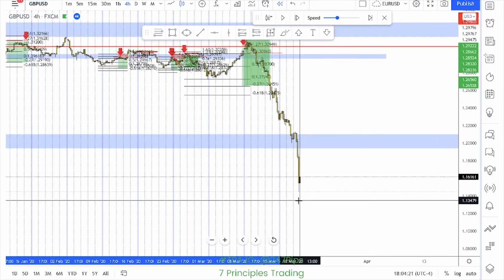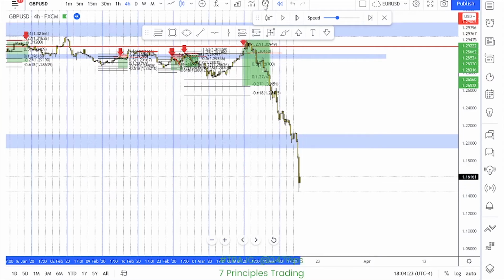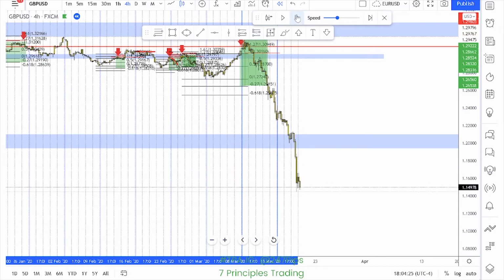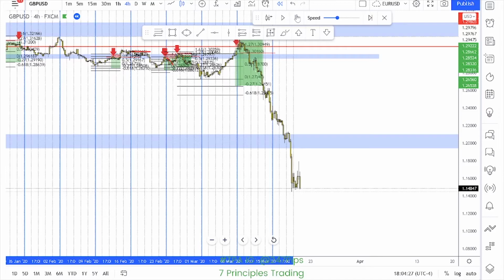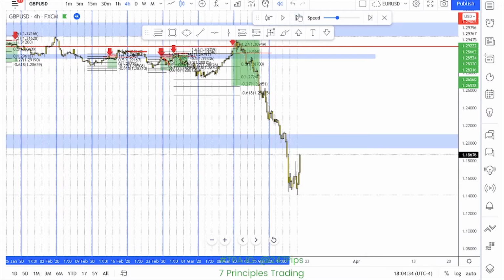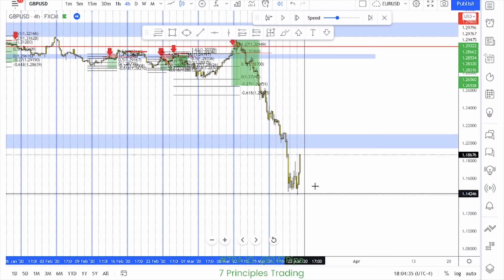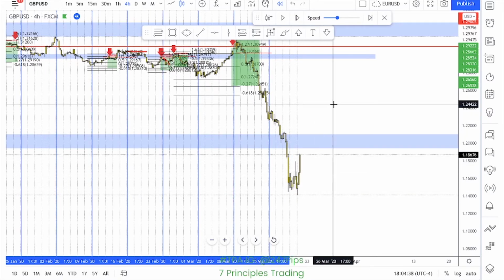We're on day 3, day 1, 2, 3. Slight pullback in the market right there. Another pullback happening in the market right there.